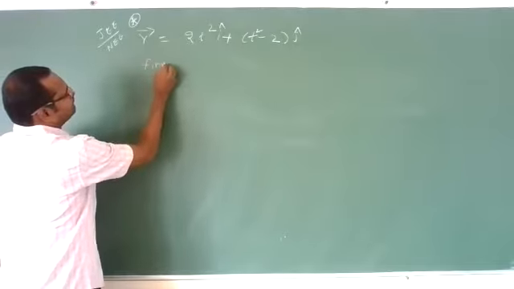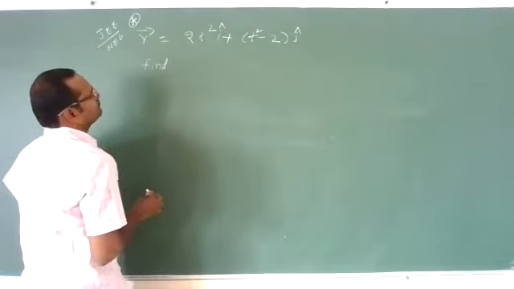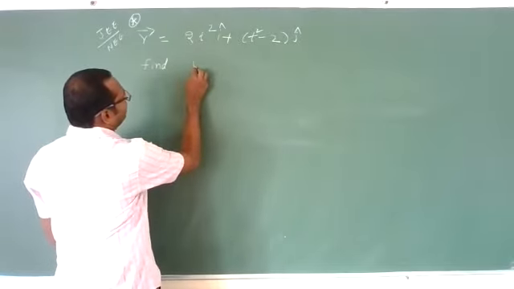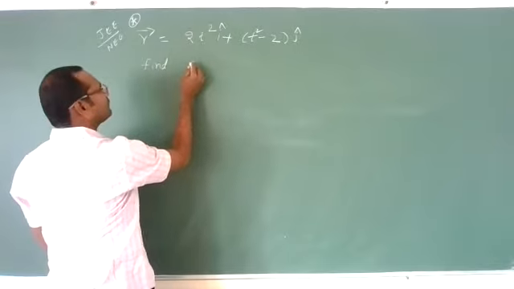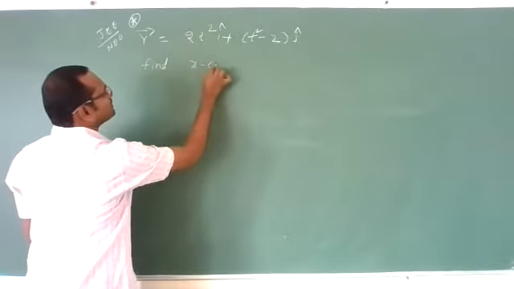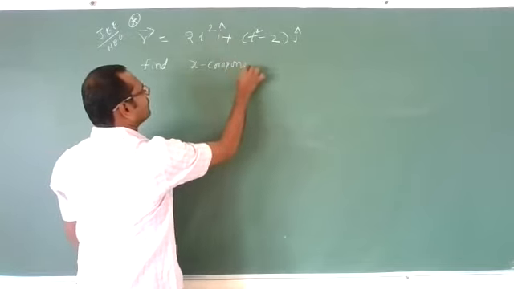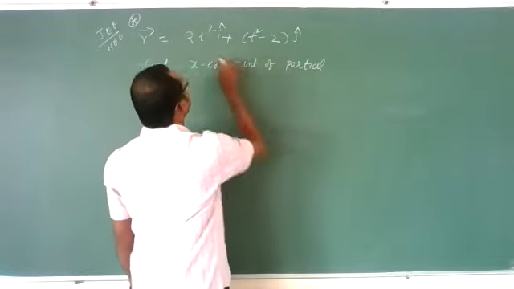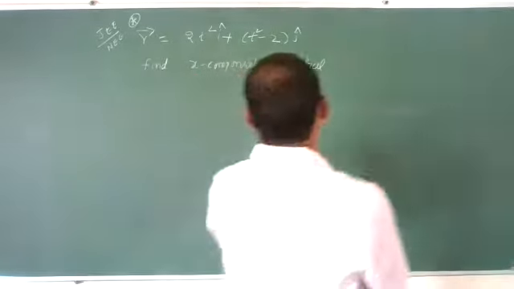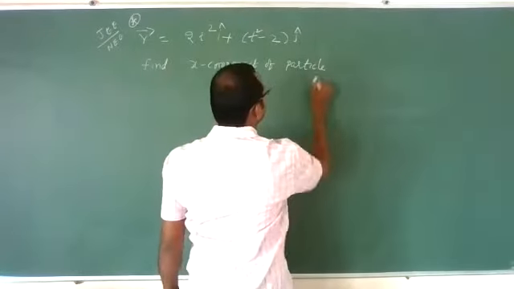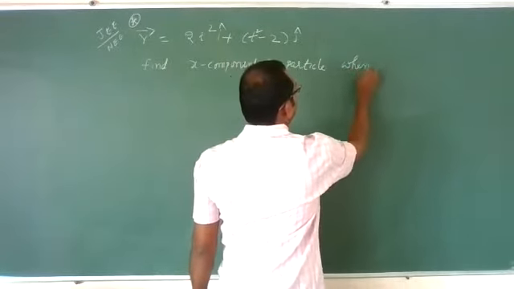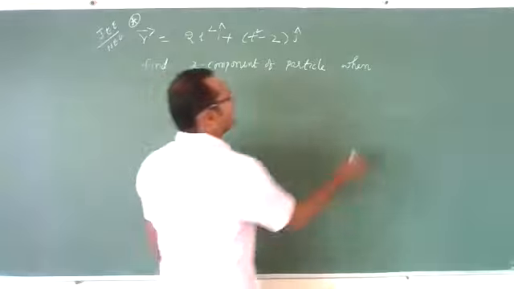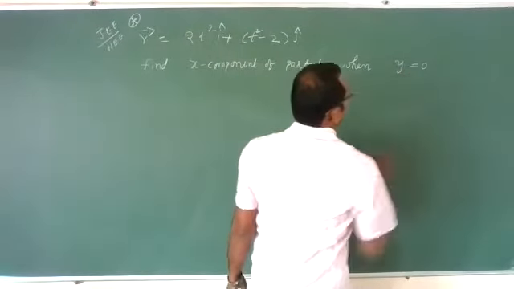Find the x component of the particle doing this motion when the y component becomes 0.